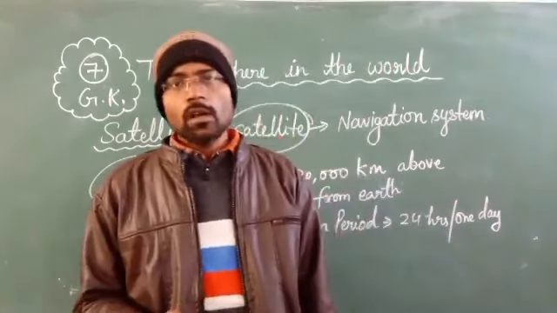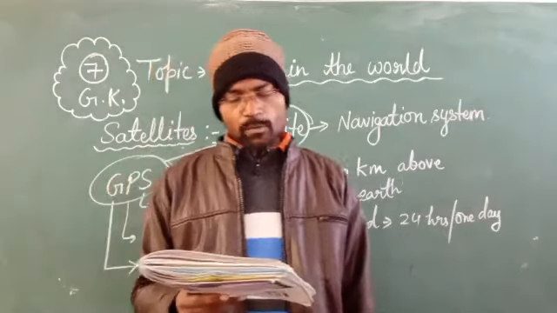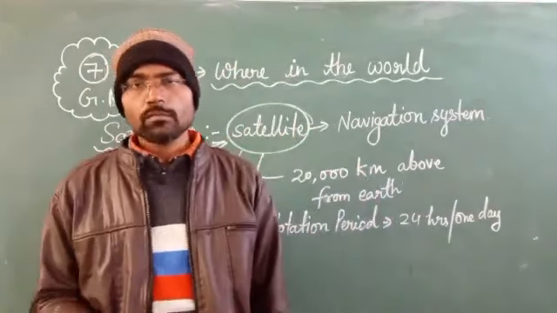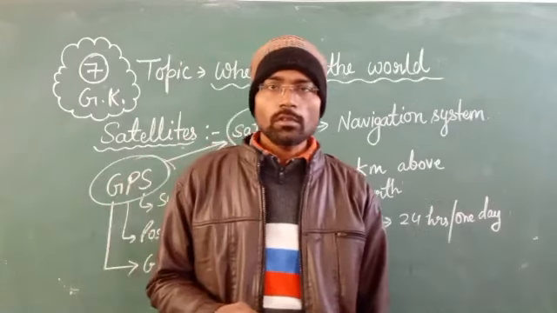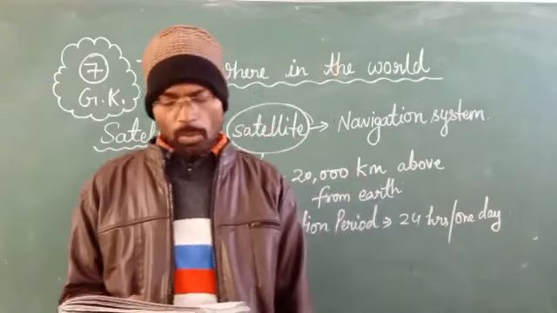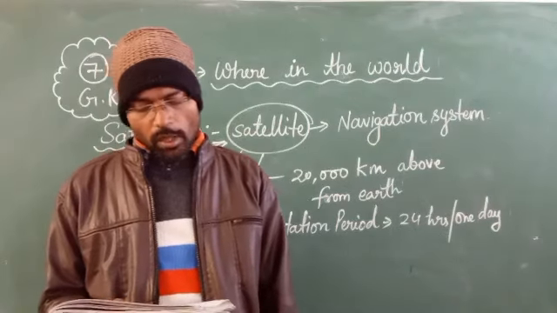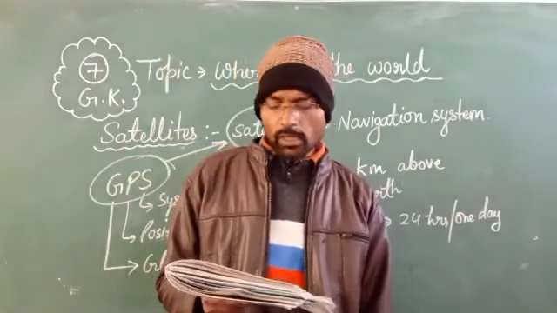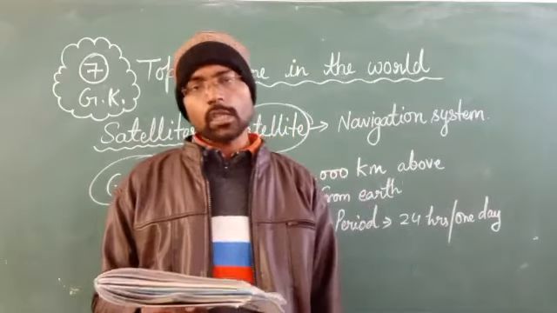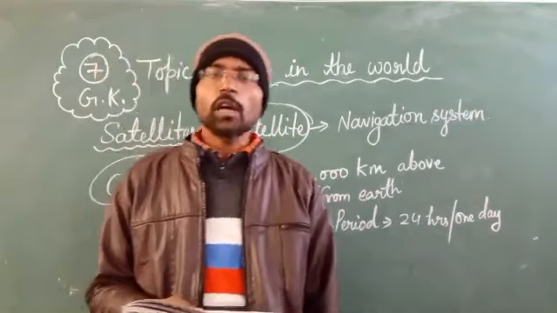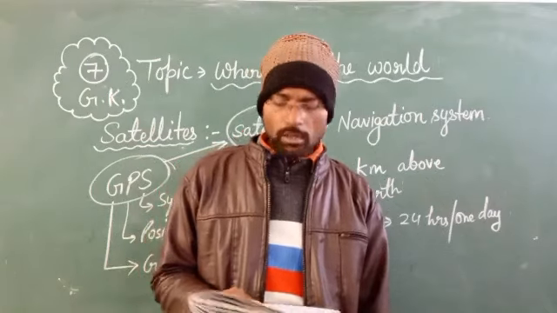Next is: how many times does a GPS satellite rotate each day? The right answer is 2. At any given time, how many GPS satellites are visible in the sky from any location on Earth? The right answer is 3.